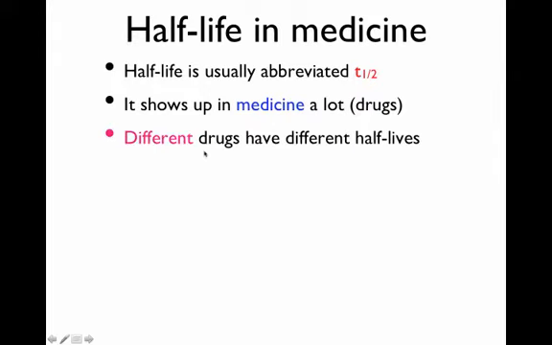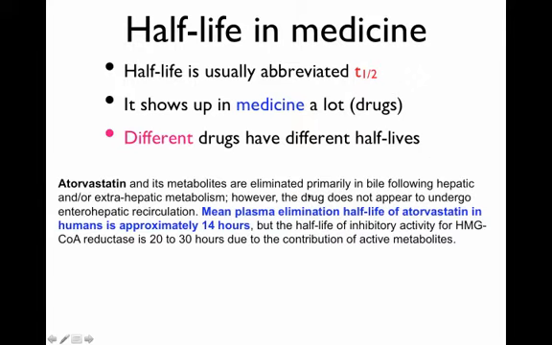The idea is that different drugs, different medicines, have different half-lives. And I will just show you a couple of examples. This paragraph here, you don't need to read the entire paragraph. However, this paragraph comes from the package insert or the prescribing information for a drug called atorvastatin.